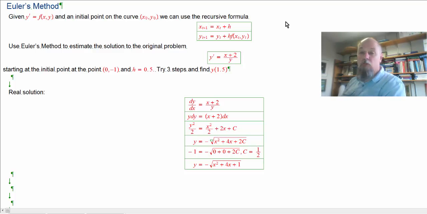So I use this recursive formula. The x's are all equally spaced: the new x is equal to the old x plus h each time. The new y is equal to the old y plus h times y prime. This is your slope, your f of the x and y values that you're plugging in. Let's use this to find points that are close to the real solution of y prime equals x plus 2 over y.